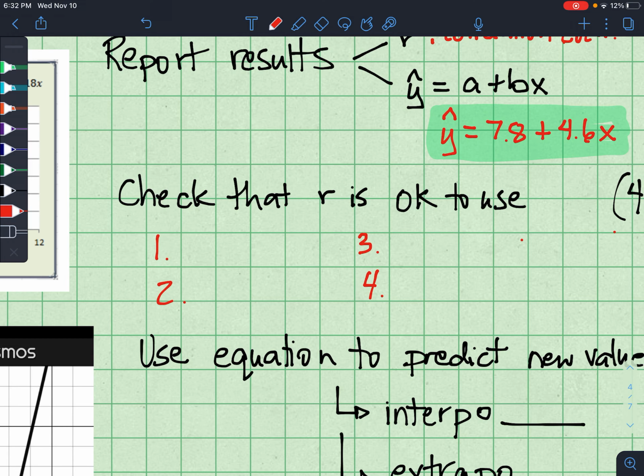Remember yesterday we talked about the 4 things that we need to check. Number 1, is the graph linear? Are there any outliers in my data? Is my sample size large enough? Sample sizes of, let's say, 5 are too small.